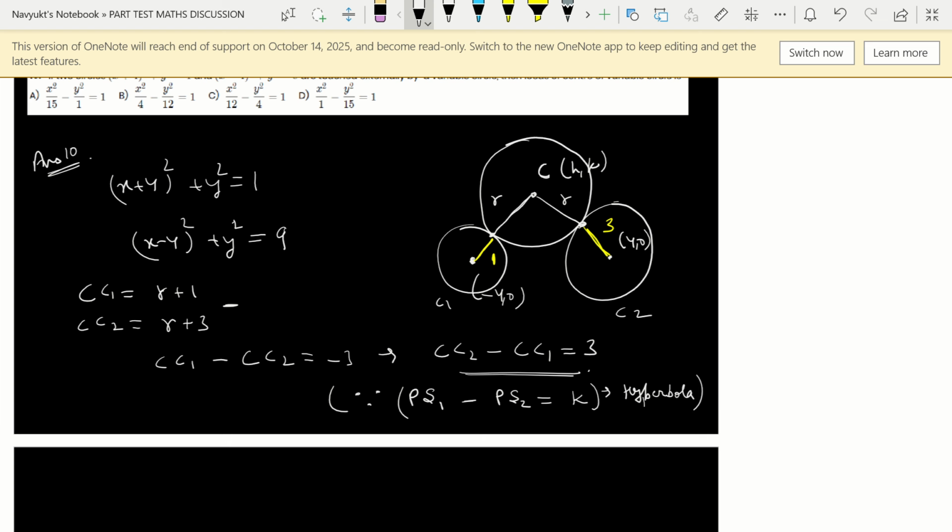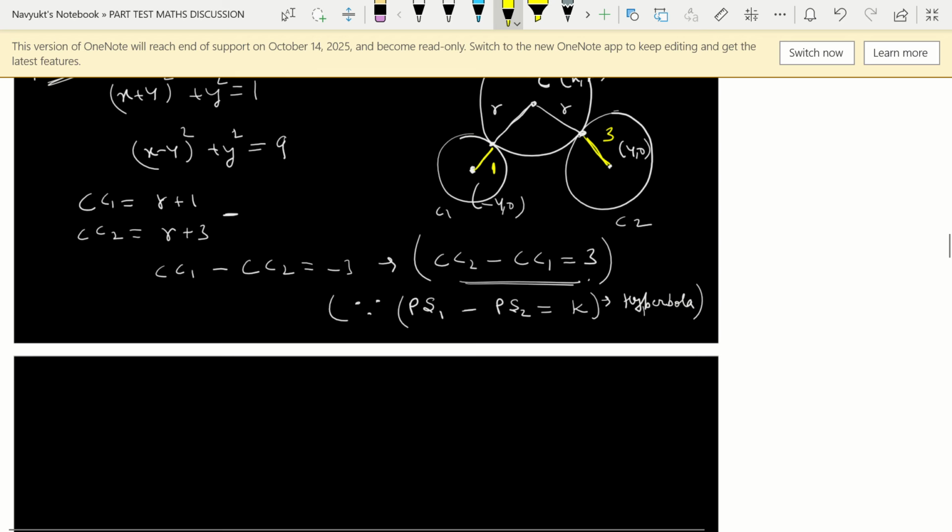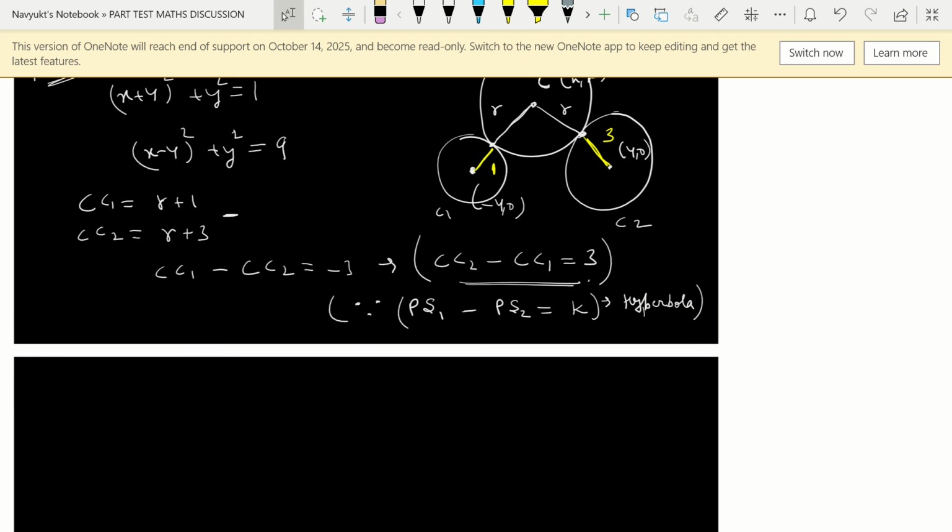This we all know. So the same thing we can observe here: a general point C, its distance from fixed point C2 minus its distance from fixed point C1 is a fixed value. So this represents a hyperbolic locus, the locus of point C.